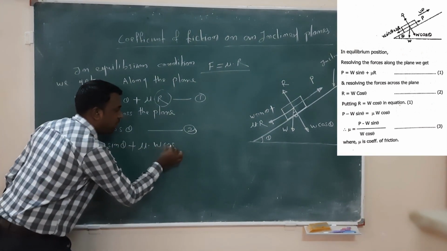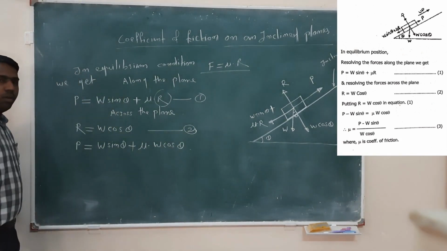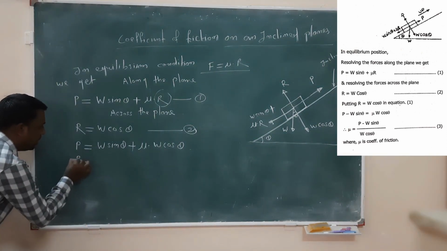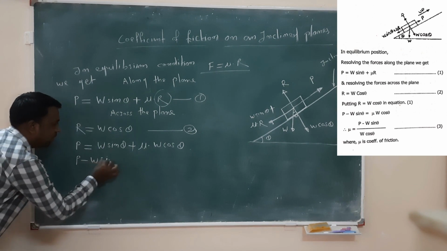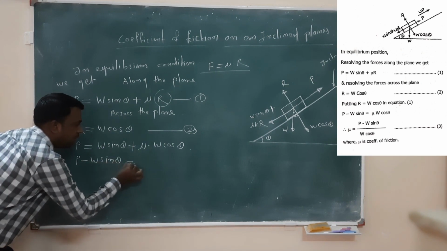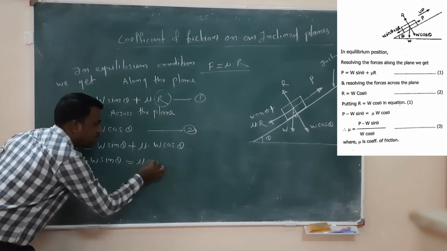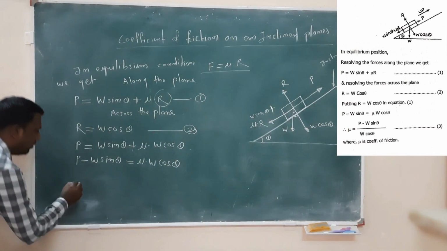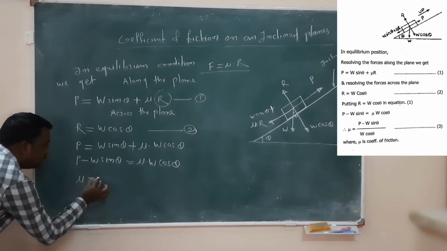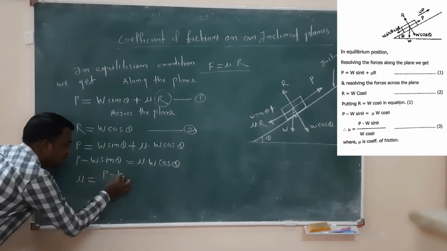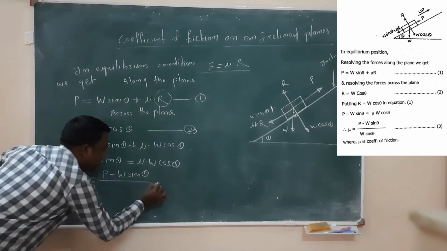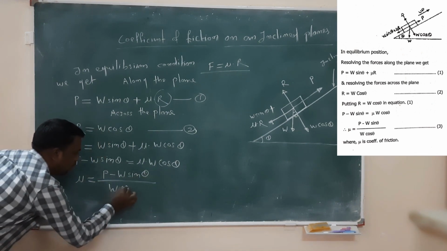Then it is also given as P minus W sin theta equal to mu W cos theta. So mu is equal to P minus W sin theta divided by W cos theta.